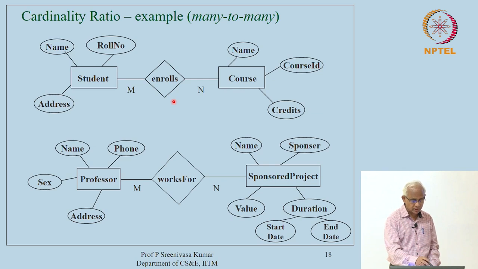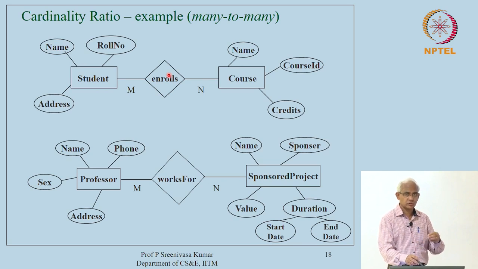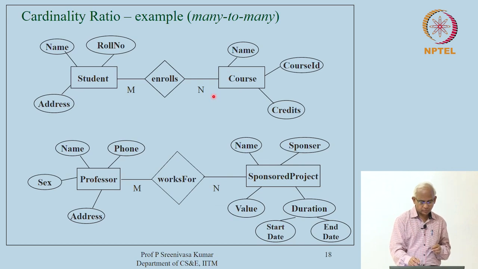A student enrolls in a semester for a typical number of many courses. The student is associated with many courses, and a course has many students enrolled for it.